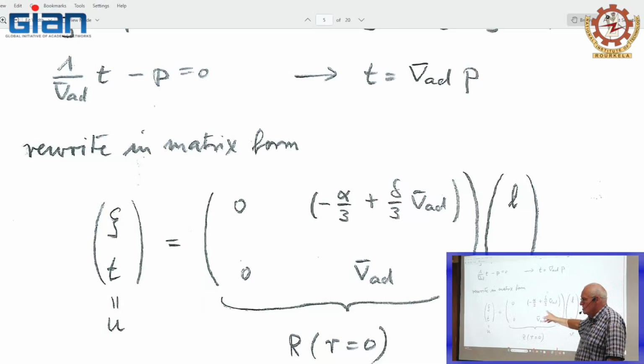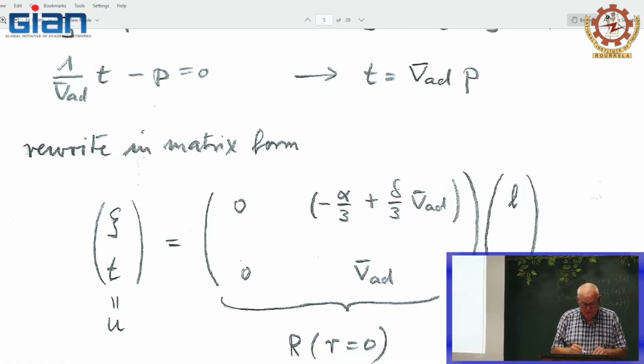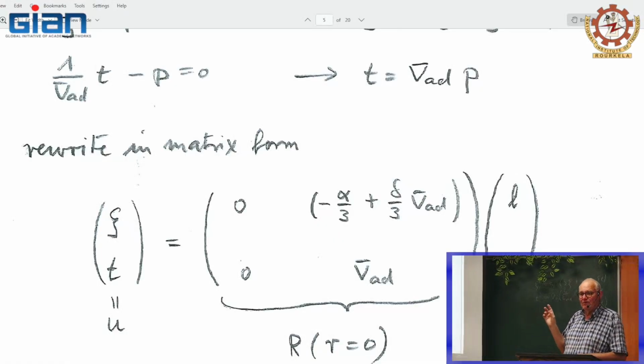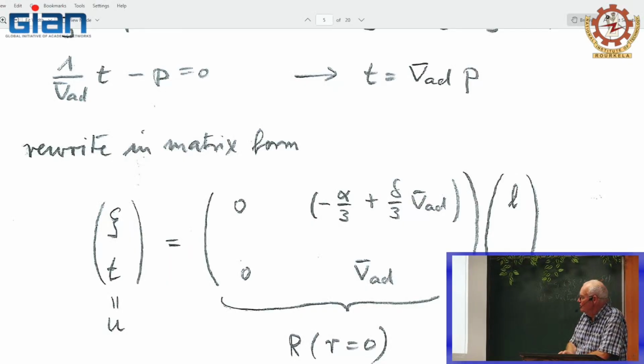You can do this procedure for the outer boundary condition and also define a unique, unambiguous Riccati matrix R. Okay? So what does it mean? Now we have achieved what we wanted, because we wanted to get rid of the ambiguity in the initial conditions for the shooting method.